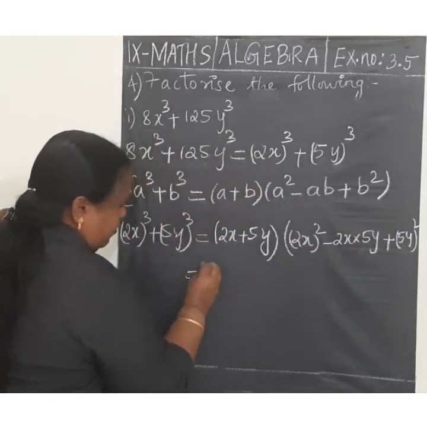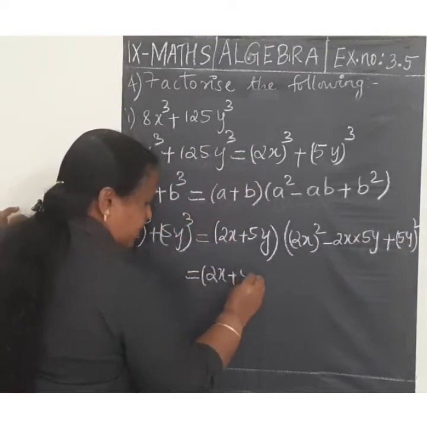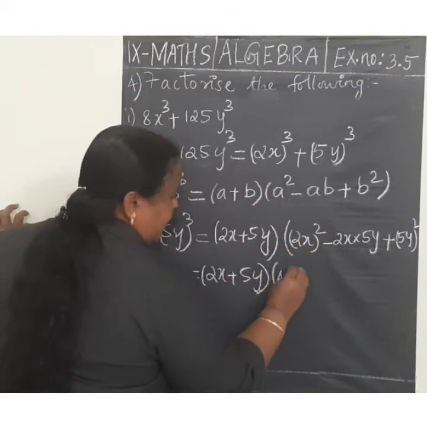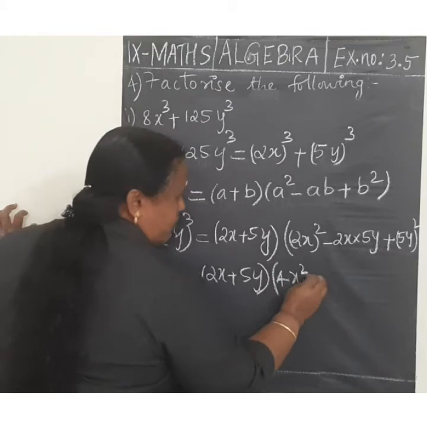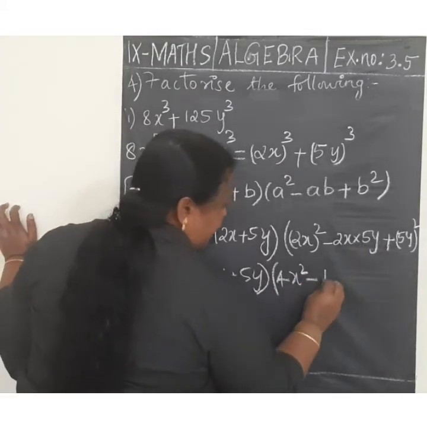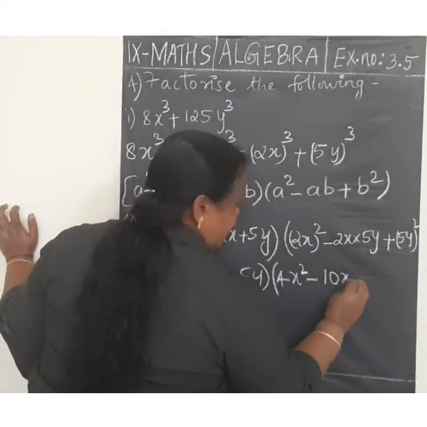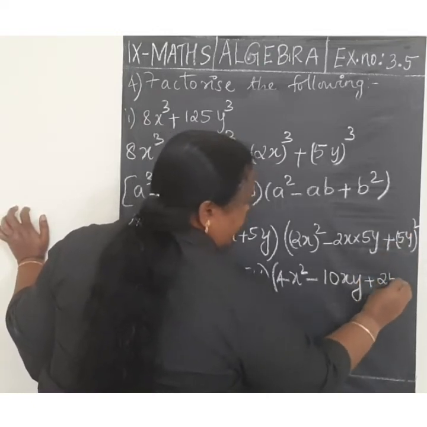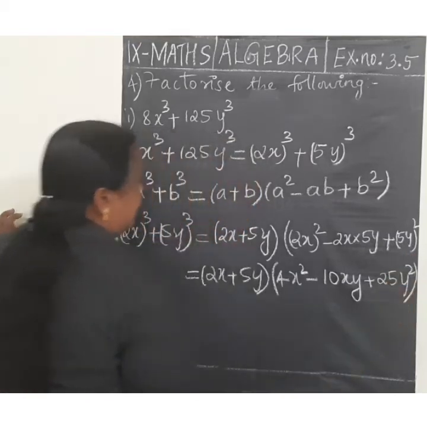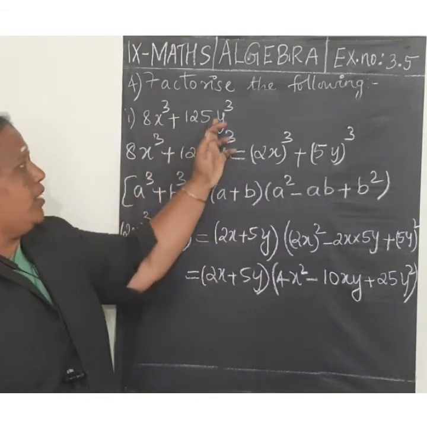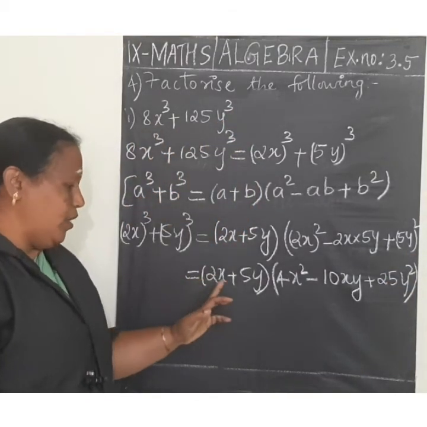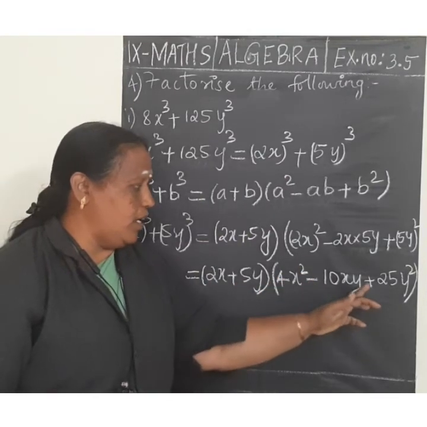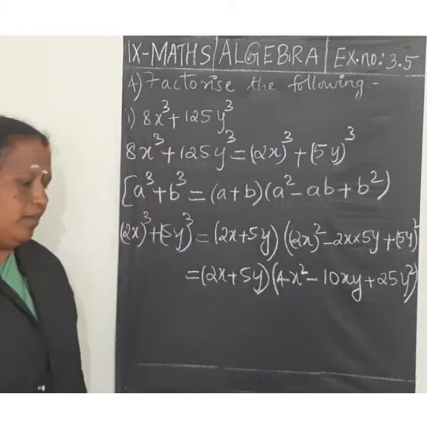So equal to 2x plus 5y. Here this 2x the whole square, we will write it as 4x square minus 2 5s are 10, x into y, xy. So 10xy plus 5y the whole square, 25y square. So 8x cube plus 125y cube is equal to 2x plus 5y into 4x square minus 10xy plus 25y square.